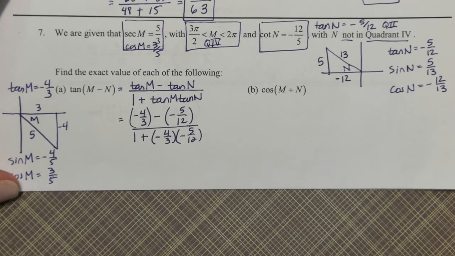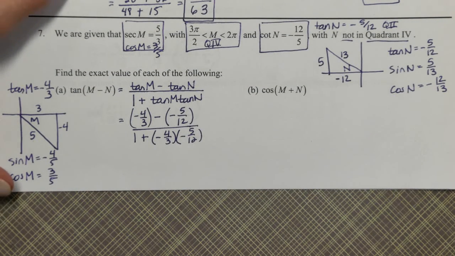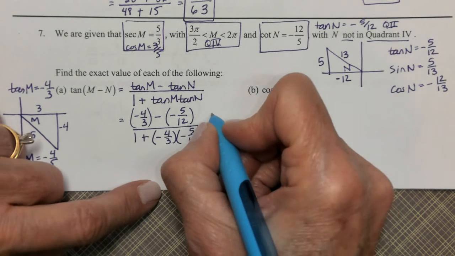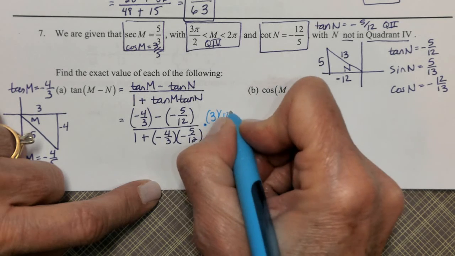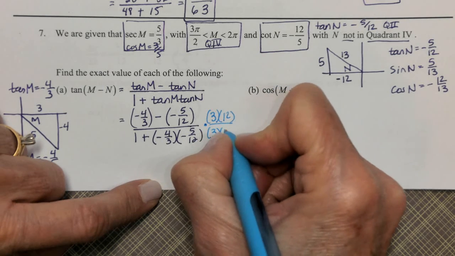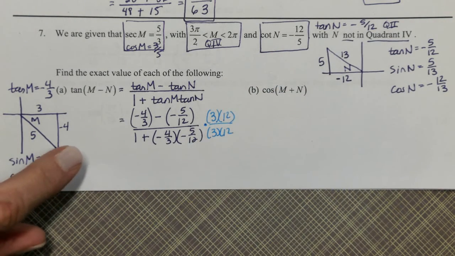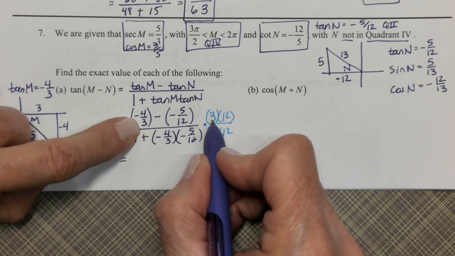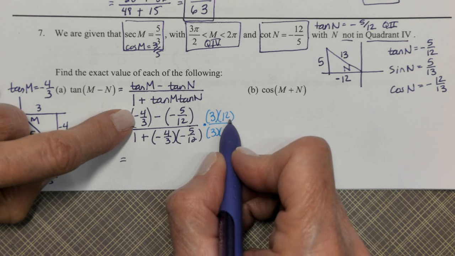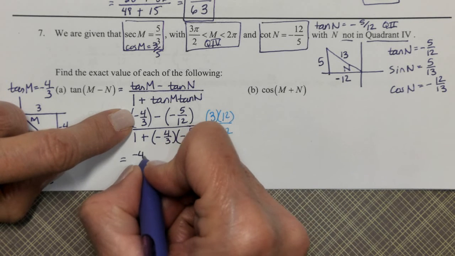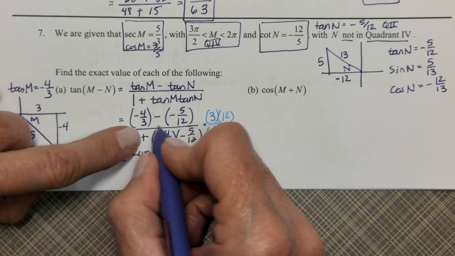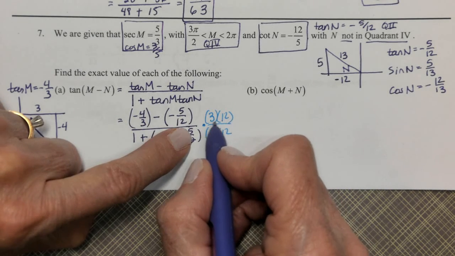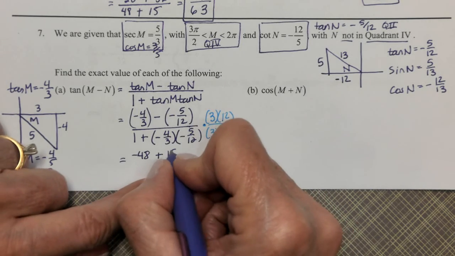So we'll have to be super careful, as always, with our signs, right? So I'm going to multiply top and bottom by 3 times 12, making sure to distribute. For this first piece, the 3's will cancel, and I'll be left with negative 4 times 12, negative 48. Here I'm going to have a plus. The 12's will cancel, and I'll be left with 5 times 3, 15.